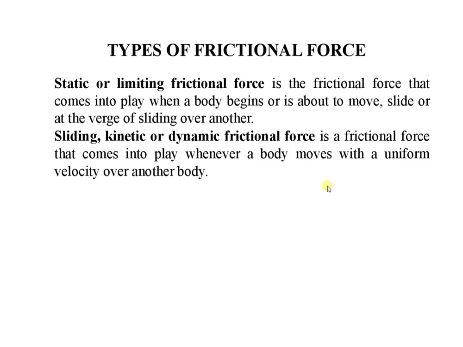The second type is sliding, kinetic, or dynamic frictional force. It comes into play whenever a body moves with a uniform velocity over another body. So the limiting frictional force must be overcome before motion, then the kinetic frictional force is overcome during motion.